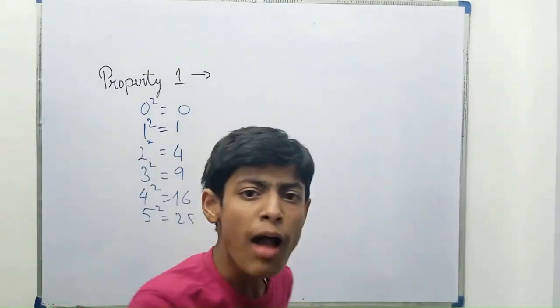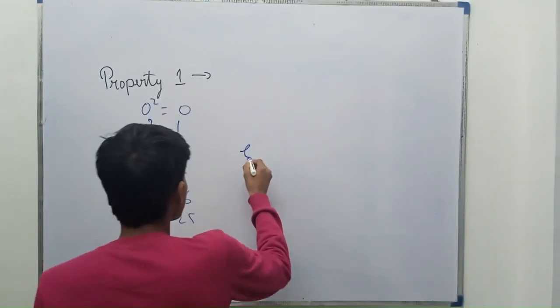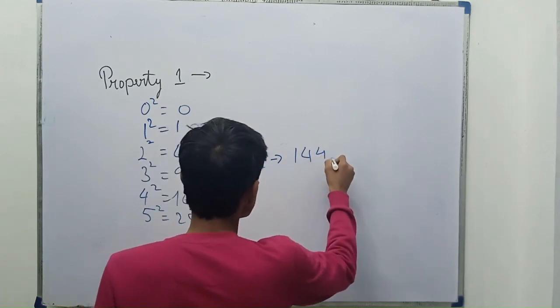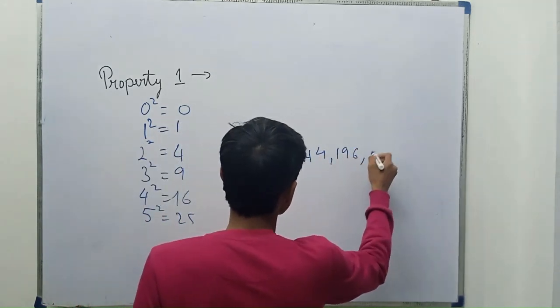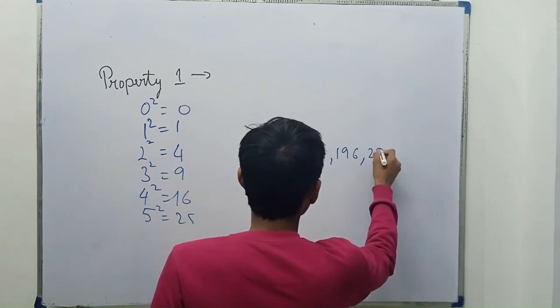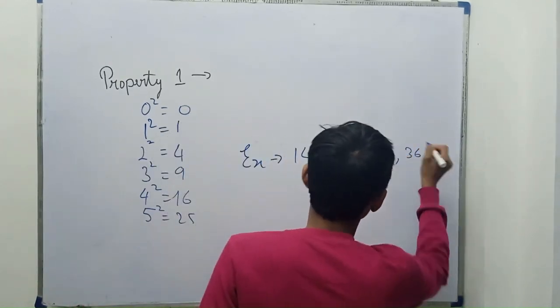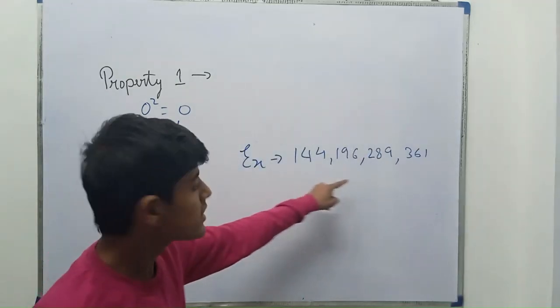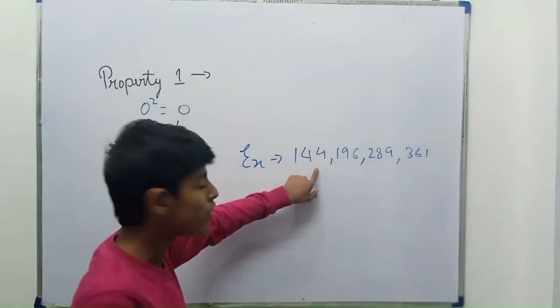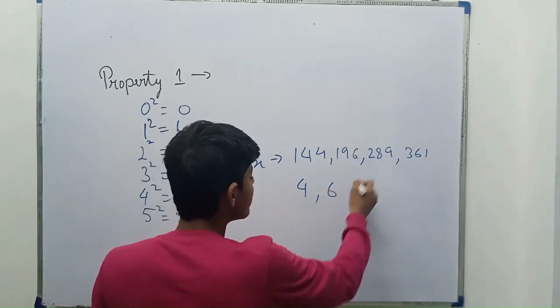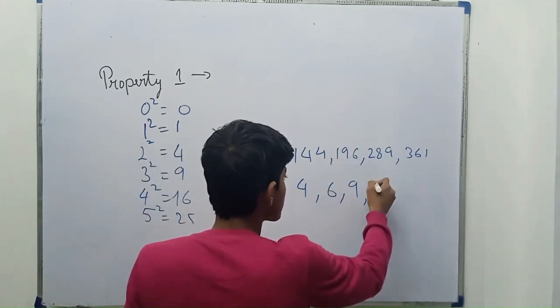Now let's see some examples. We will take numbers like 144, 196, 289 and 361. These numbers have unit digits 4, 6, 9 and 1 respectively.